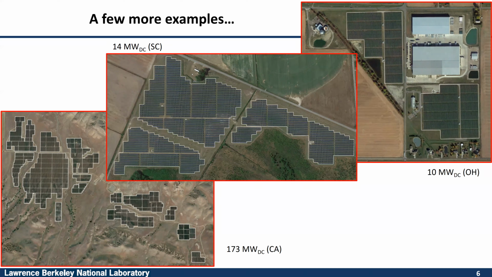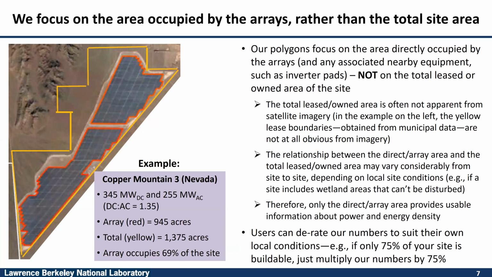But second, even if we knew the site boundaries, it's not clear what good that information would actually do us. And the example that we use in the paper to make this point is the Copper Mountain 3 project in Nevada, as shown on this next slide. So here in this example, the red polygons measure the direct array area, which is 945 acres.